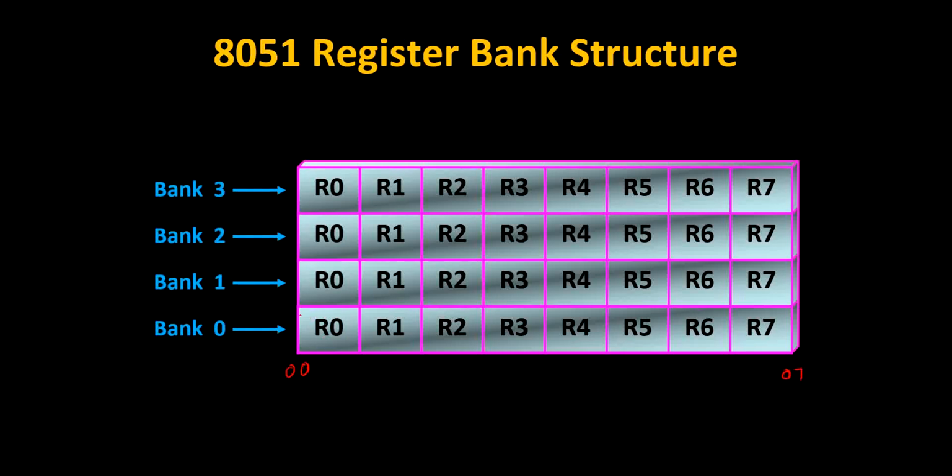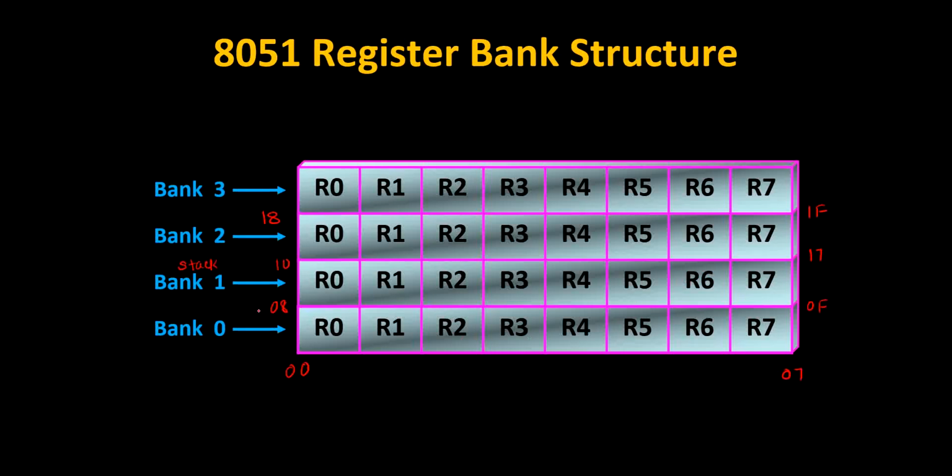Similarly bank 1 is 08 to 0F, bank 2, plus 8, is 10 to 17, and the next, 18 plus 8, is 1F. So remember 00 to 1F, we have the bank registers.